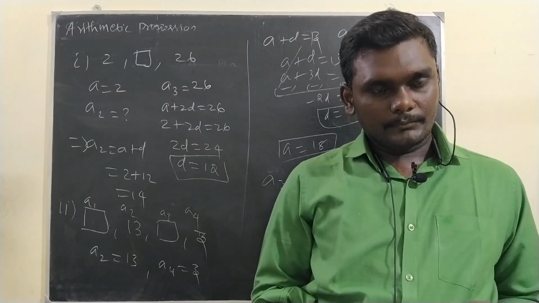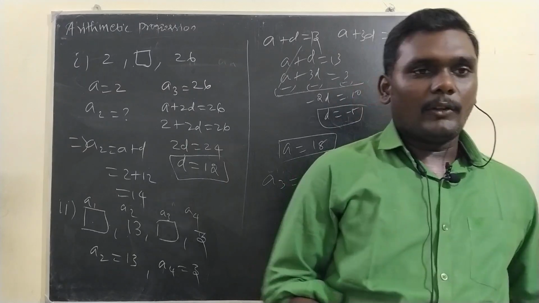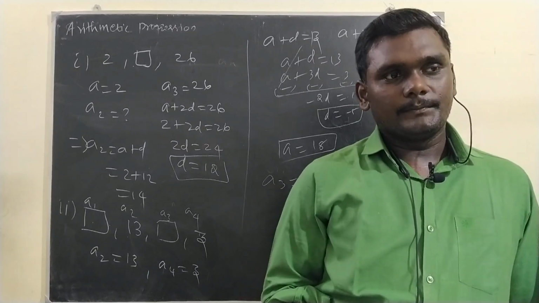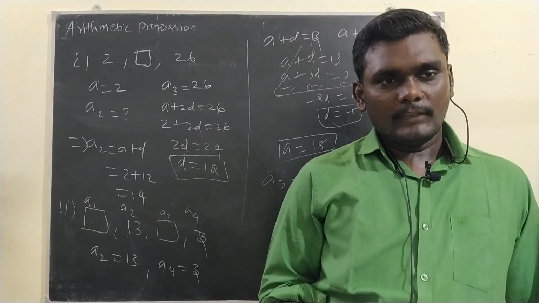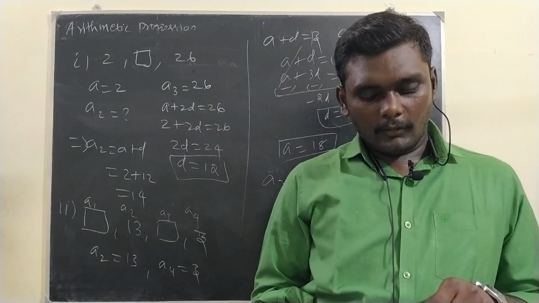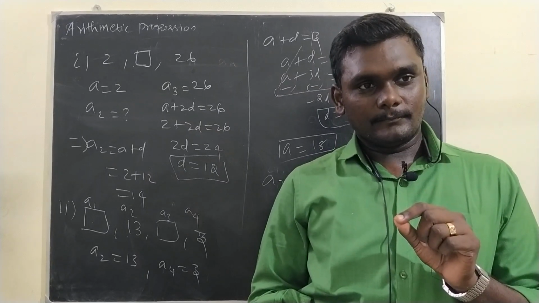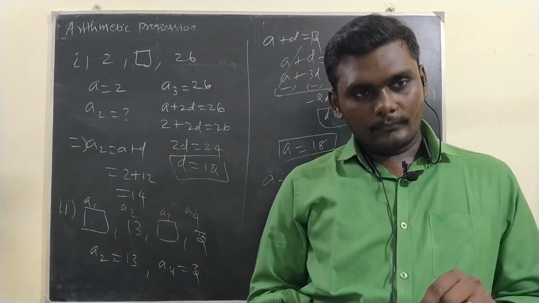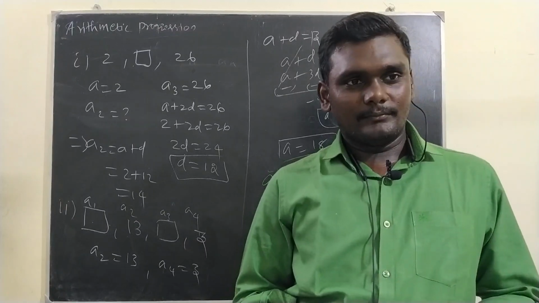Okay. Next, find the number of terms in each of the following APs. How will you find the number of terms? The last term is given, right? So An is equal to 205. Then whatever n comes, that many terms are there.